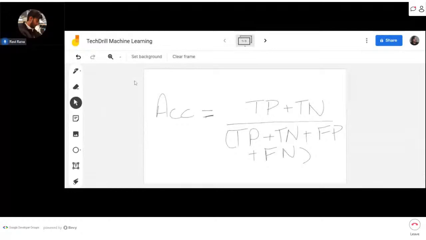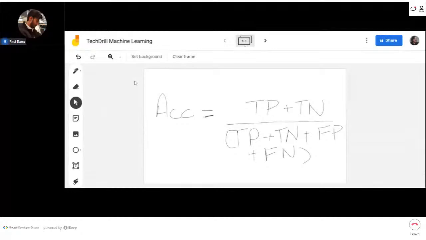It belongs to, and your machine learning model actually predicted that this data point belonged to class 1.